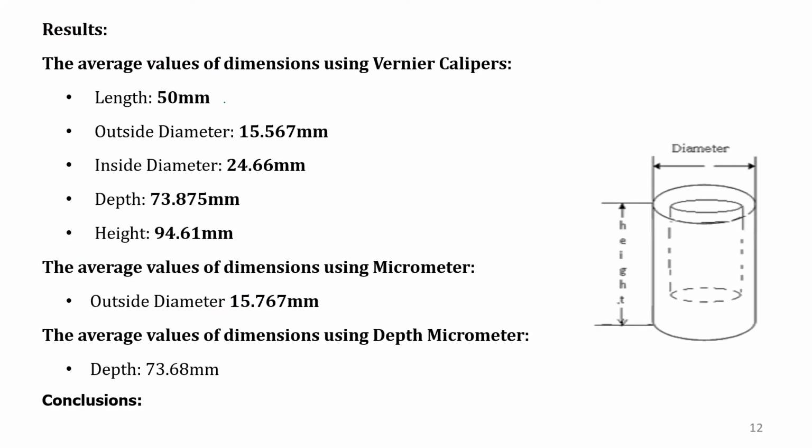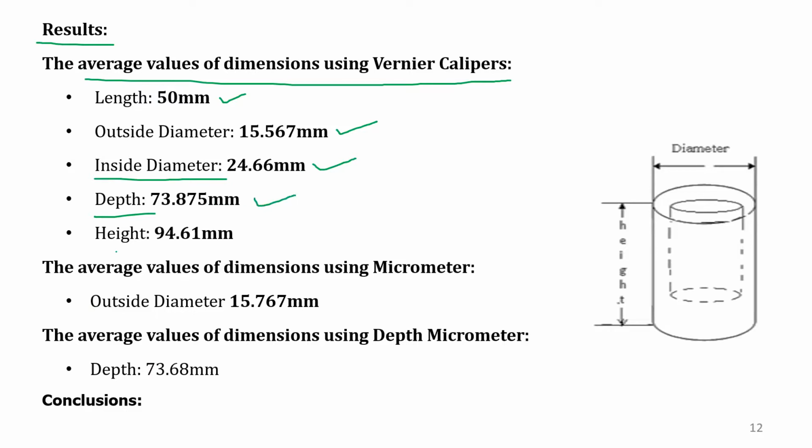So now we need to write the results under the results section. The average values of dimensions using vernier calipers are as follows: length is 50 mm, outside diameter average 15.567 mm, inside diameter 24.66 mm, depth 73.875 mm, and height 94.61 mm.